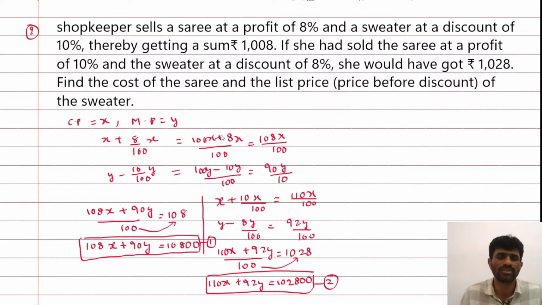Right, I am going to the next question. After you are getting equations like this, you have to solve them by elimination method. You know how to do elimination method. First equation you multiply by 92, second equation you multiply by 90, then y will be cancelled, x value you will get. After getting x, you can find y also.